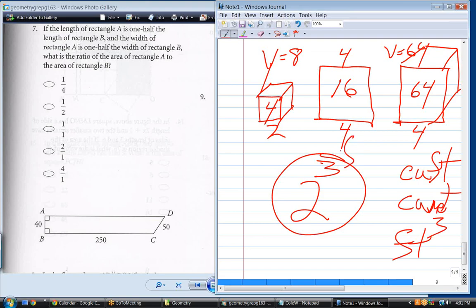This is always in feet squared, and this is always in feet. And it doesn't matter whether we're talking cubes, rectangles, spheres, circles, polygons. It's true across the board. That as that linear ratio, whatever it is, the area ratio is the square of that, and the volume ratio is the cube of that.